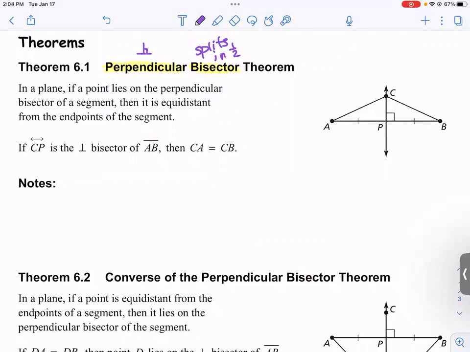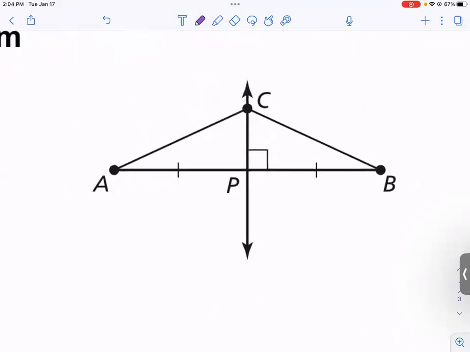Okay, so look at this picture right here. I'm gonna highlight this in purple. This is our perpendicular bisector because it's at a 90-degree angle and it's going through the midpoint of AB.